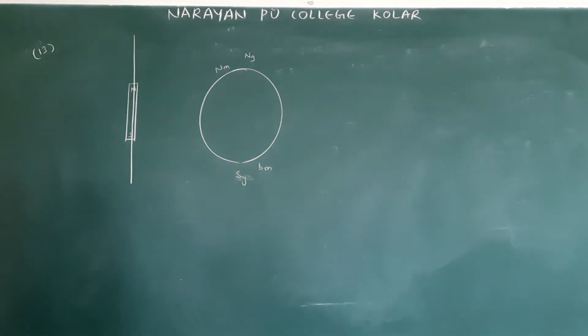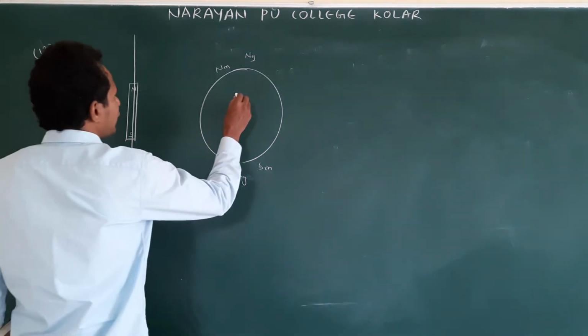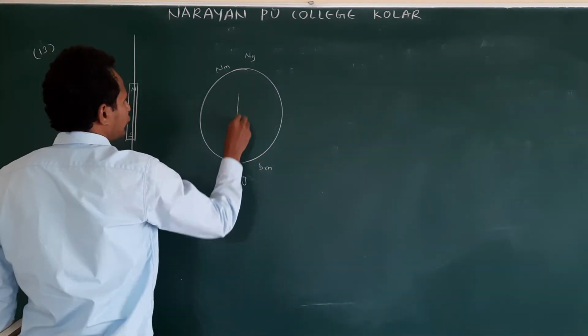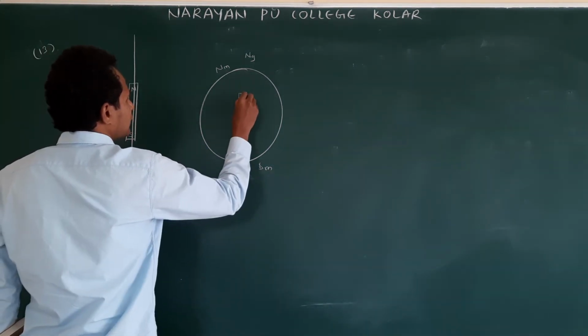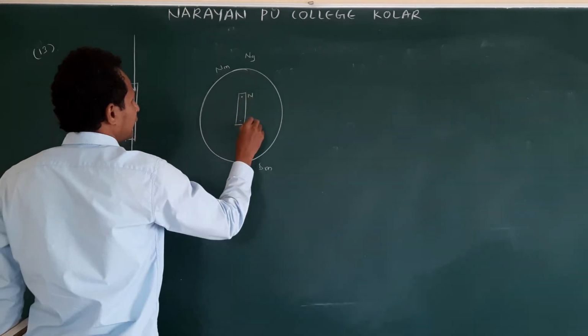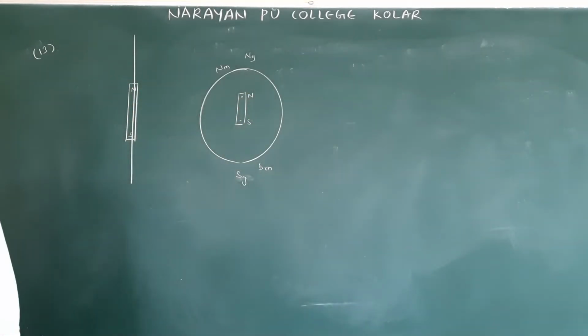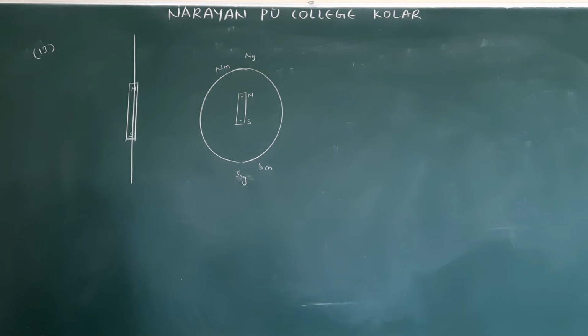Clear? When the magnet is suspended, what happens? It settles like this, right? N and S. Clear?